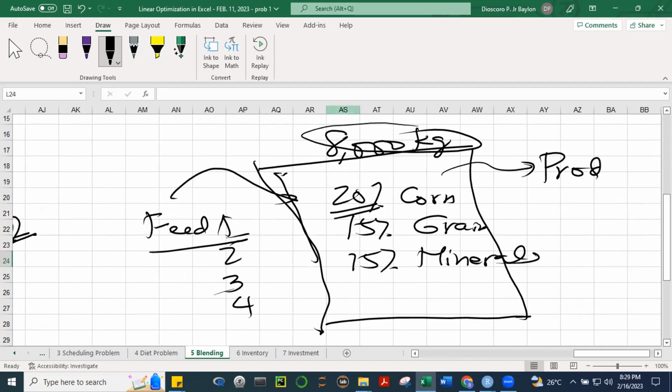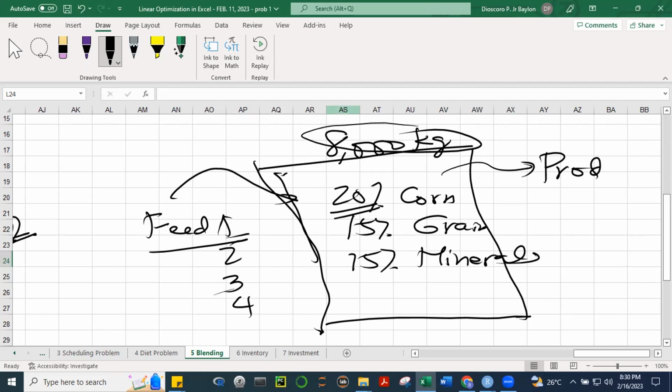So this is how the product should go. We should produce 8,000 kilograms, just by adding feed 1, feed 2, feed 3, feed 4. Feed 1 will give us a certain percentage of corn, grain and minerals. Also feed 2, feed 3, feed 4. We have to make sure that the mixture has at least 20% corn.